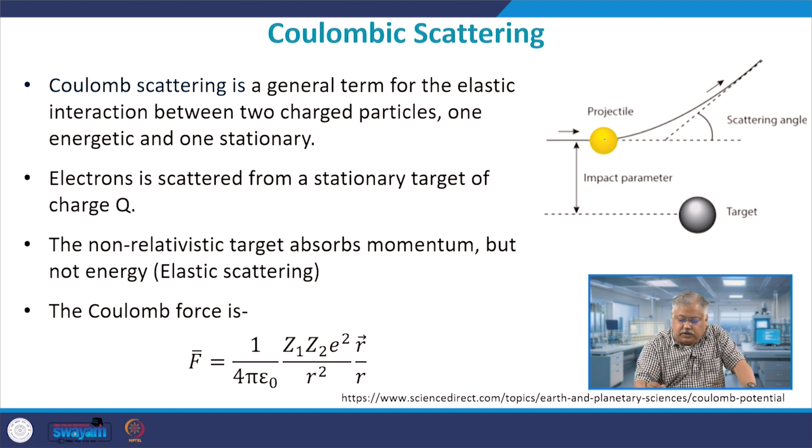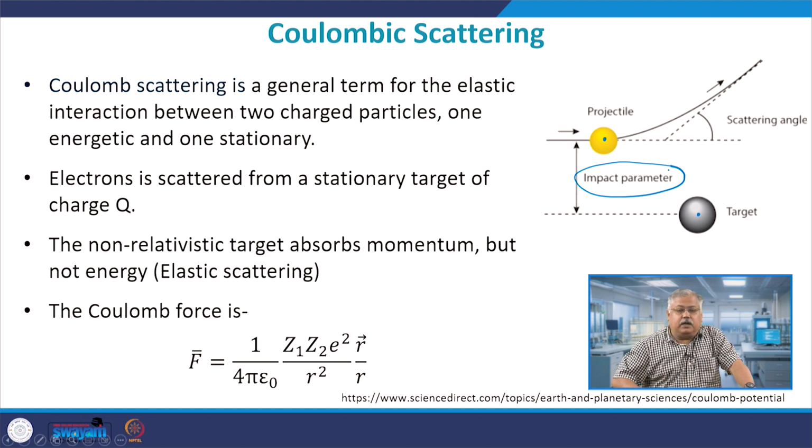The distance between the projectile and the center of the target is defined as the impact parameter. If there had been no collision, this distance would still be the impact parameter.